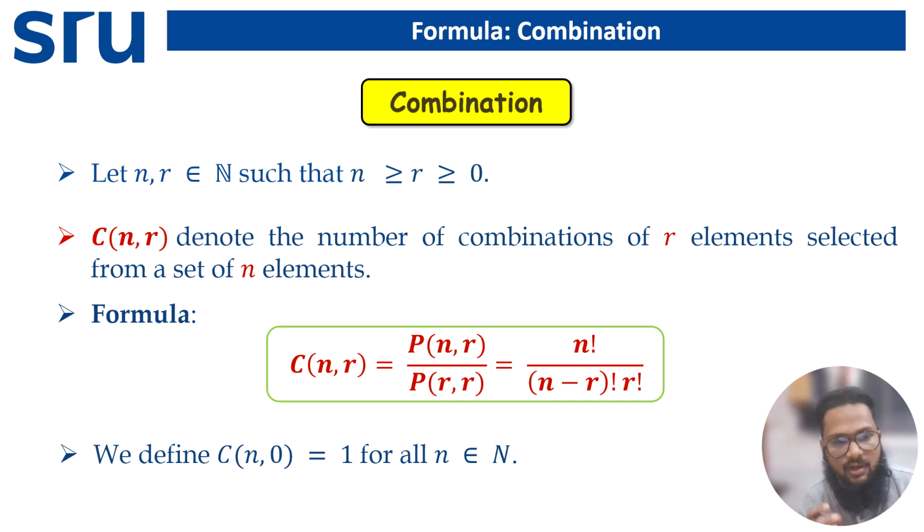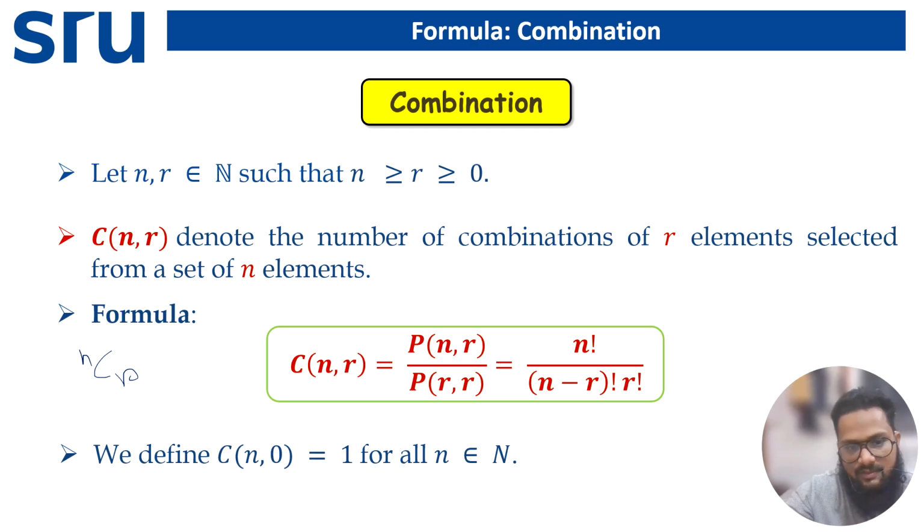This time combinations will be denoted by C(n, r), or rather you can say nCr. Again n is the number of total elements and r is the number of elements chosen, so r-element combinations from a set of n elements, right?